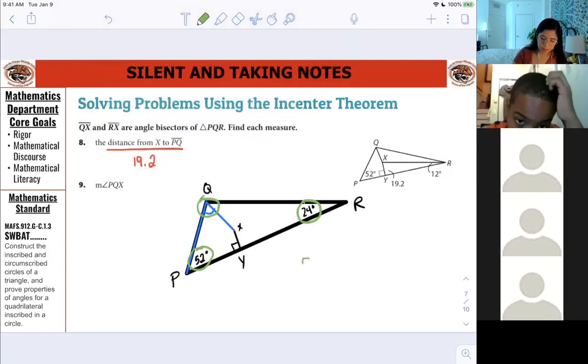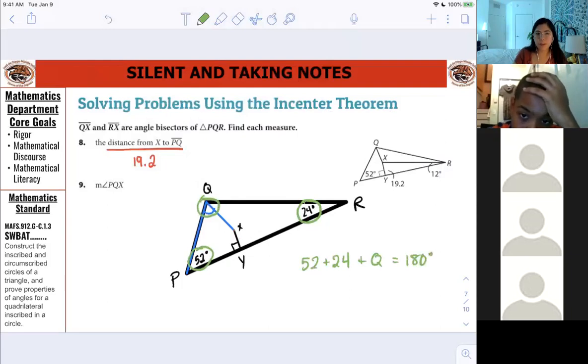Exactly. So I know that 52 plus 24 plus Q, which we don't know yet, has to equal 180. So what does Q have to equal? 104. How'd you get that? I added 52 plus 24, and then I subtracted it from 180.